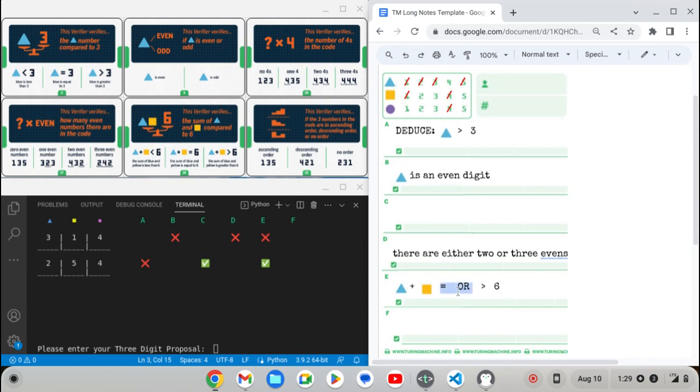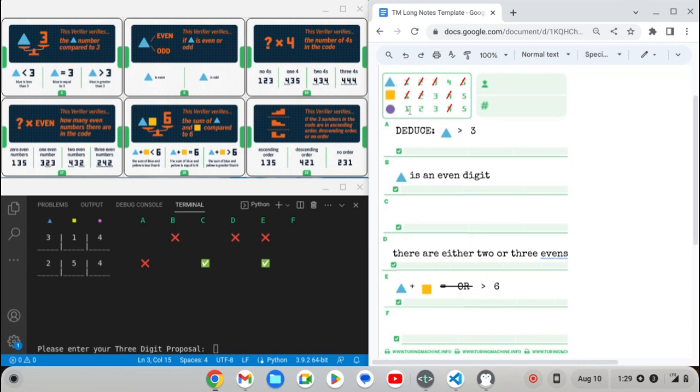In fact, it is greater than. And so that means square cannot be a 2, because that would give us a sum of 6. And so that means that circle has to be the 2.